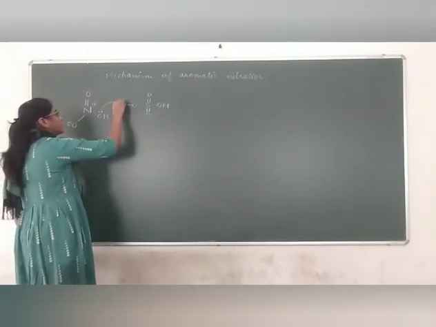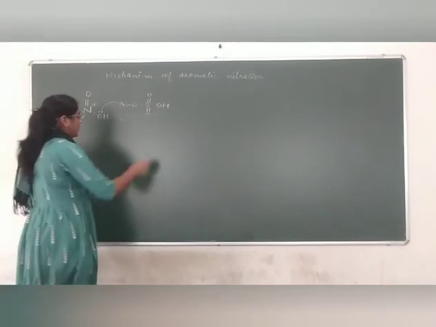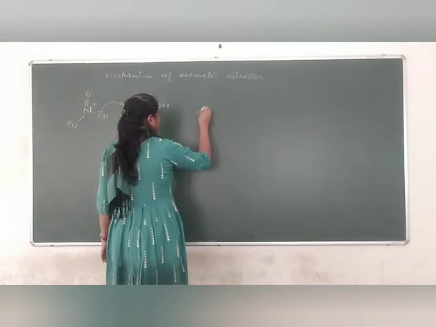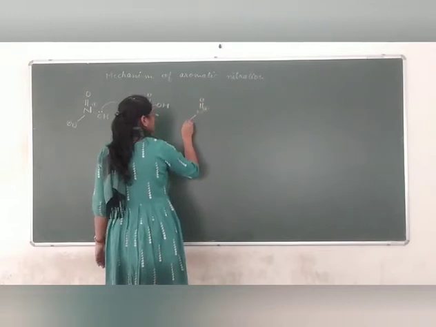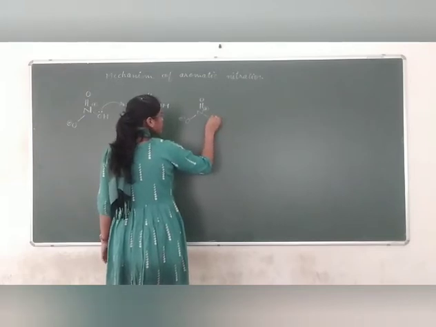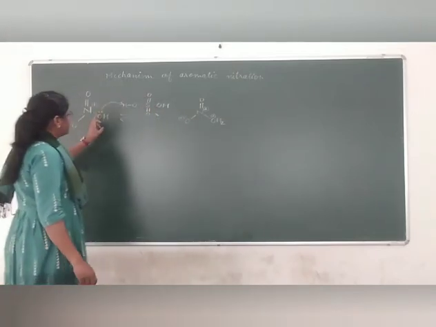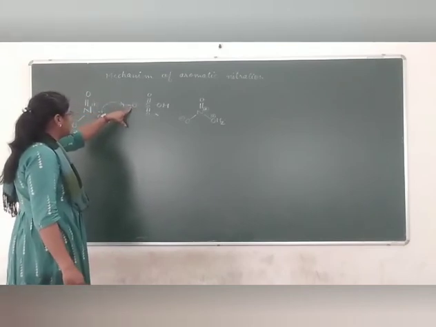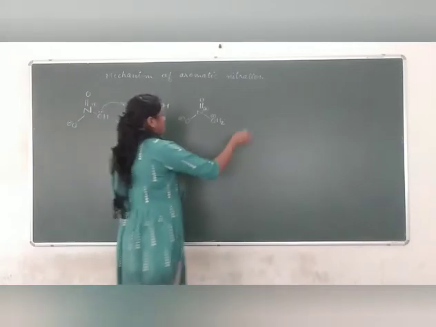The lone pair of electrons attacks this hydrogen, and by this way hydrogen is eliminated from here and goes over here. Here you can see OH2 plus.